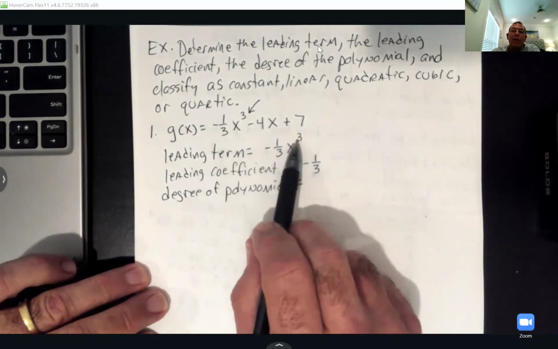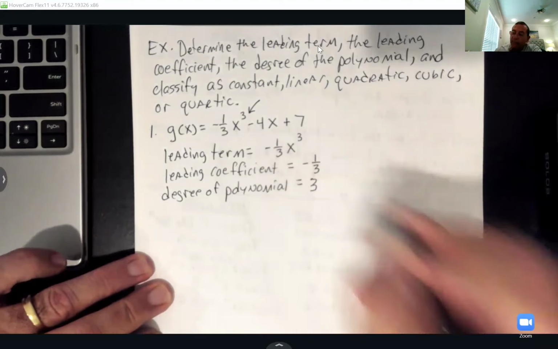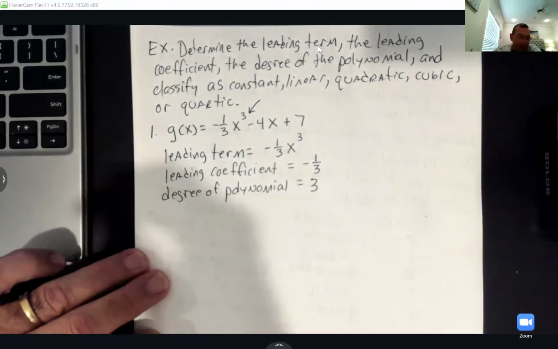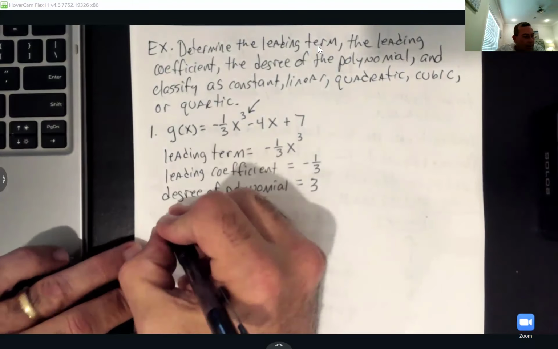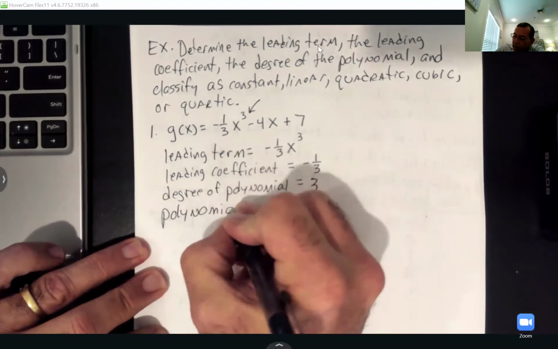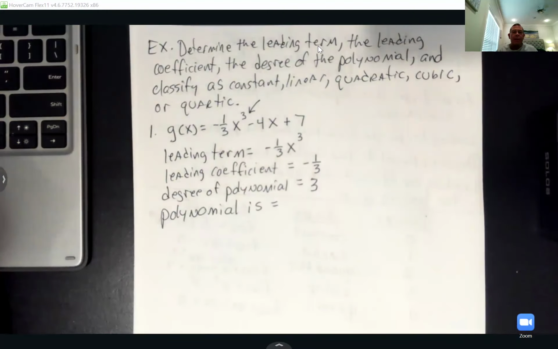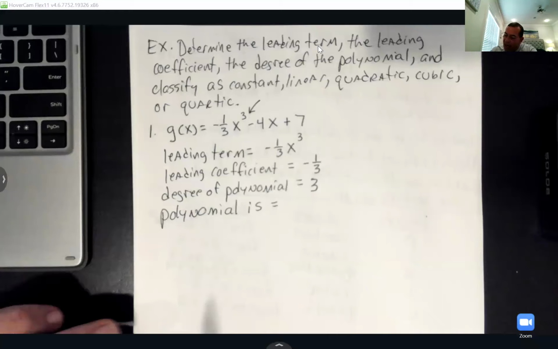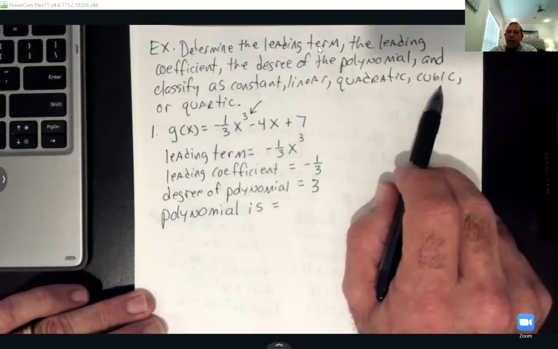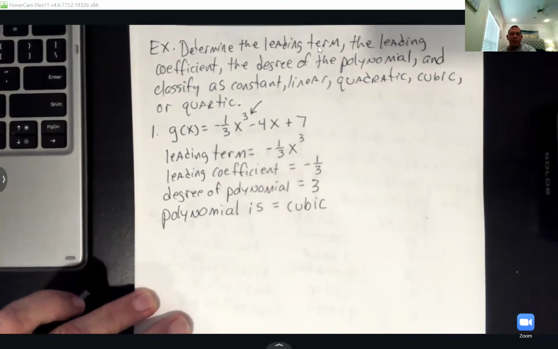So the highest exponent in this whole polynomial is that 3 there. So now we got to classify. So the polynomial is blank. We said a while ago if it had a degree of 3, that made it cubic. So this one would be a cubic polynomial.